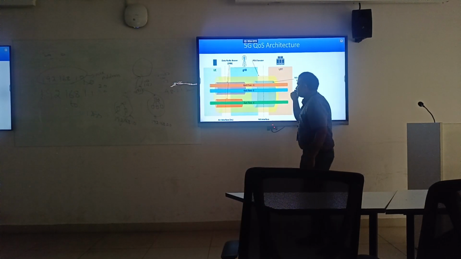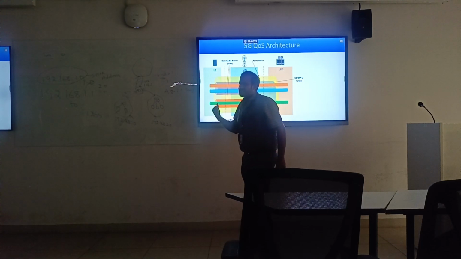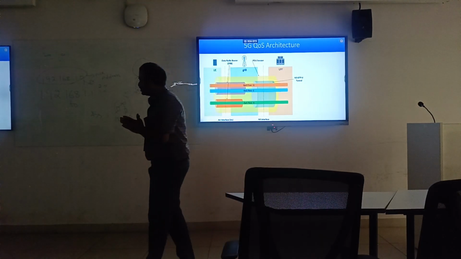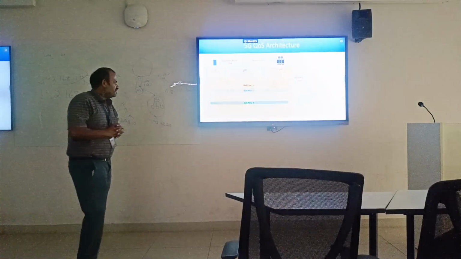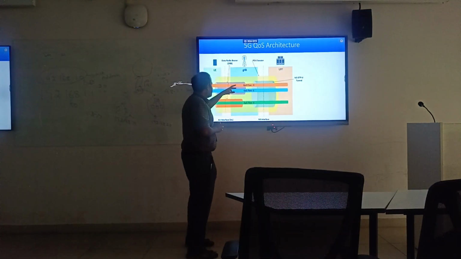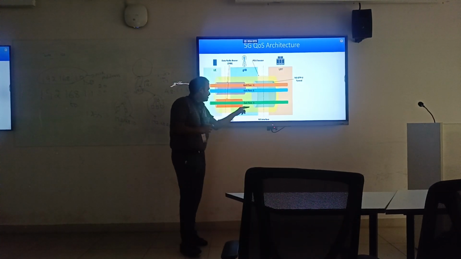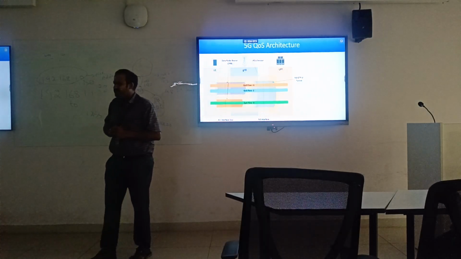Now, how many QoS flows are given here? 3 QoS flows. Can you tell me why they give QoS flow 1 and 2 in this data bearer and this flow 3 in a different data bearer?